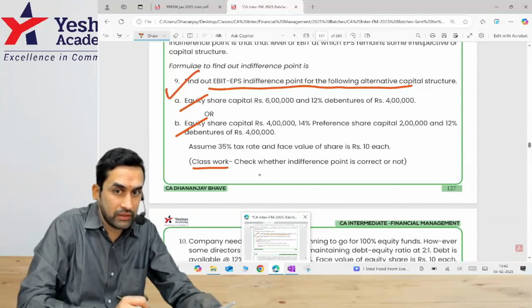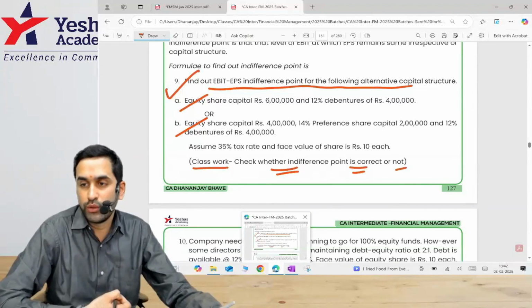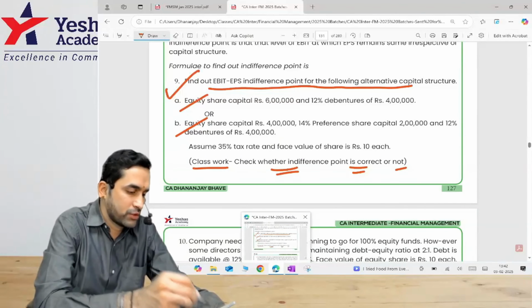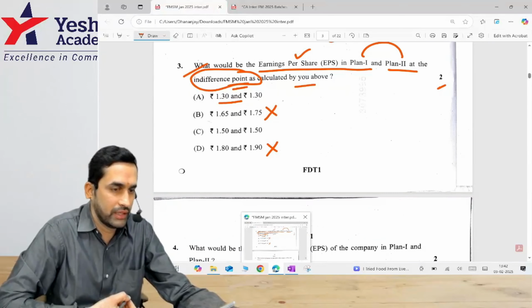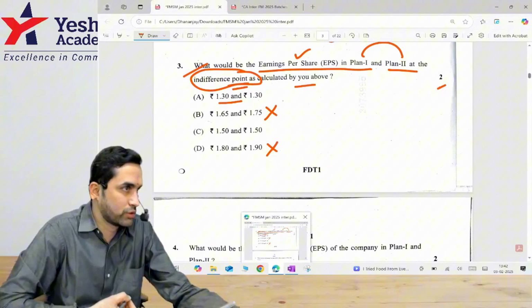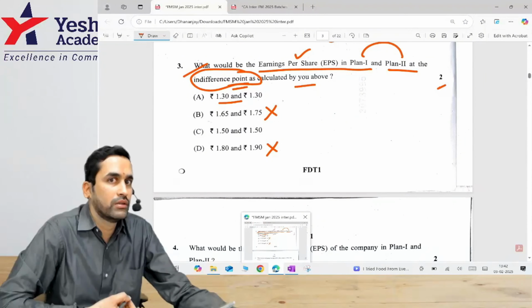In class work, we have done this: check whether the indifference point is correct or not. How will you get to know whether the indifference point is correct or not? EPS should be the same. And if EPS should be the same, definitely option B and option D cannot be the answer. It has to be either 1.3 or 1.5. If you have the class notes with you, you check. I think we got 1.4 rupee EPS in both the combinations.